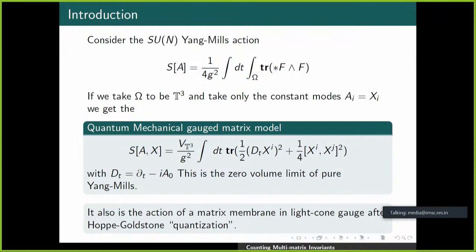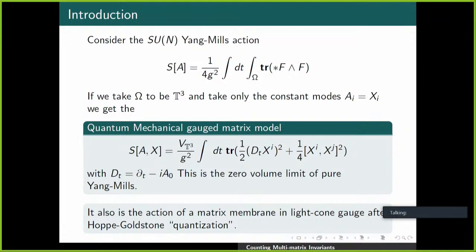I want to tell you, first of all, the context in which these multi-matrix models emerge and part of the interest in them. I just thought the simplest place to tell you where they emerge is to consider Yang-Mills in 4 dimensions, 5 dimensions, whatever dimension you want, but I've taken 4 dimensions.